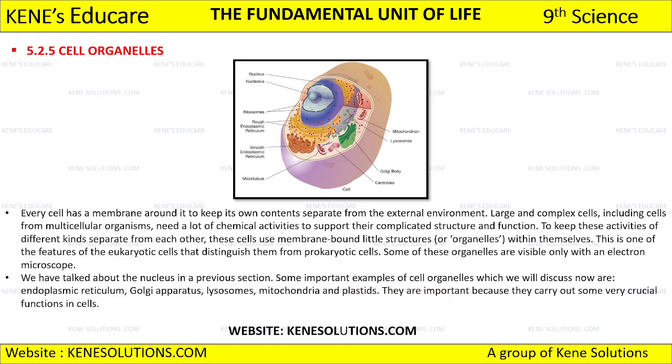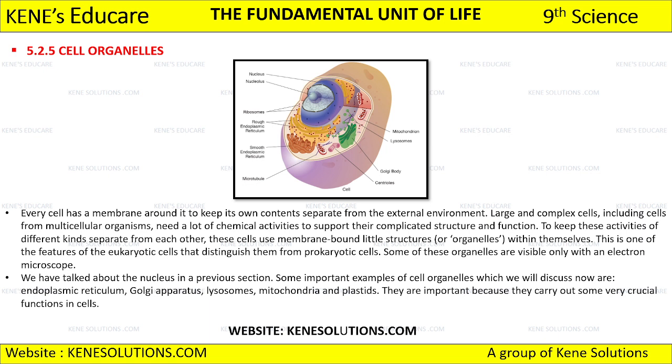After this, now we need to start with the cell organelle part. So see, every cell has a membrane around it to keep its own content separate from the external environment. Now we also want our own house, so that we are away from each other.